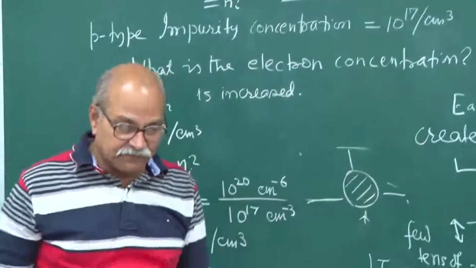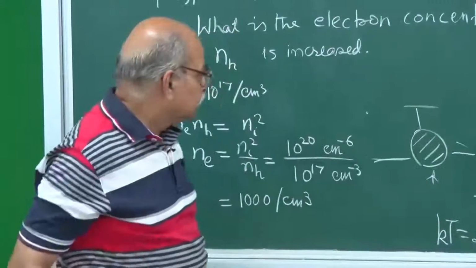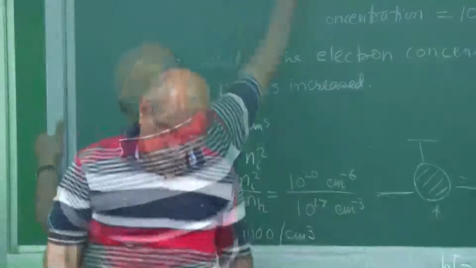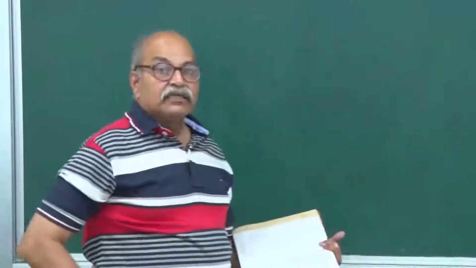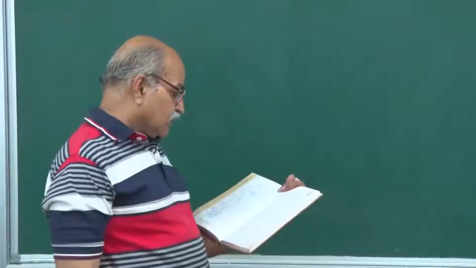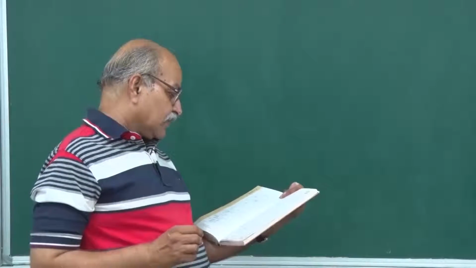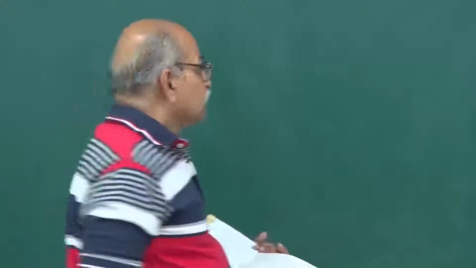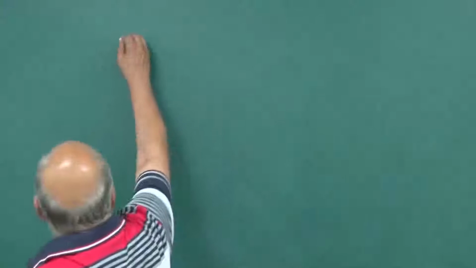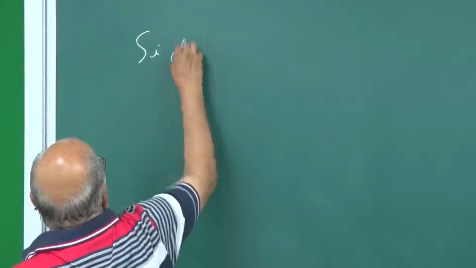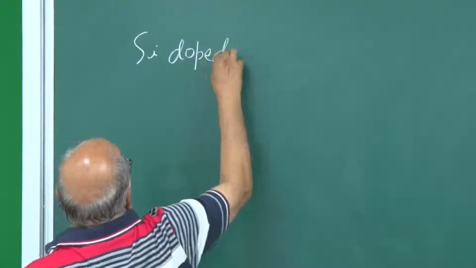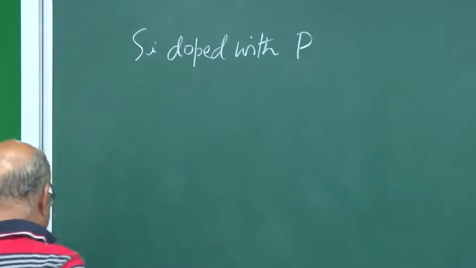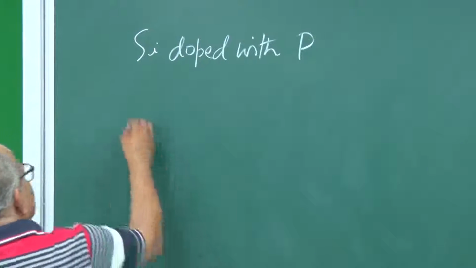Okay, the third question. Now the next question says that you have a silicon which is doped with phosphorus, and the data given are Nd.